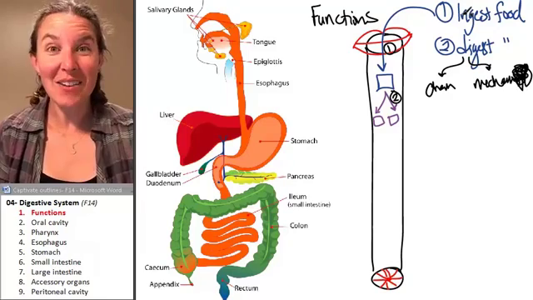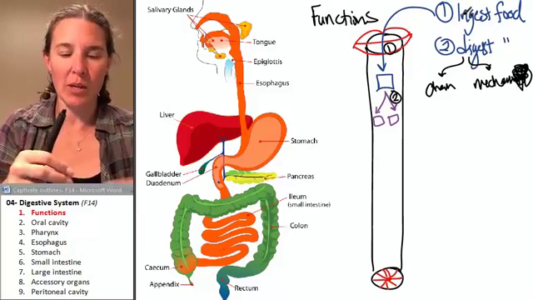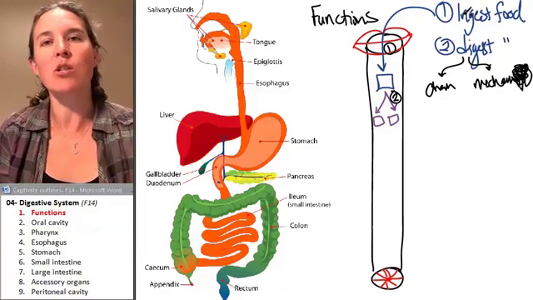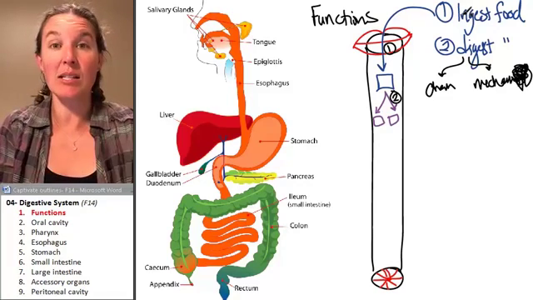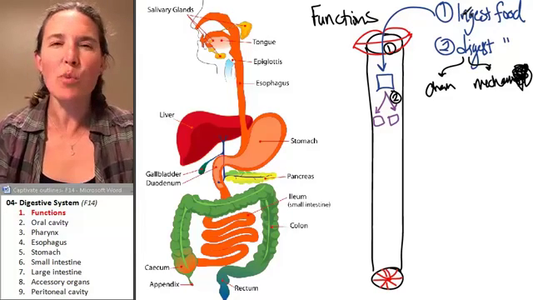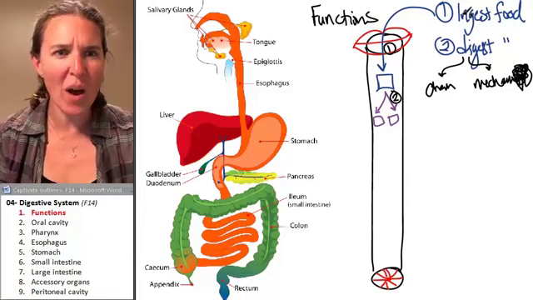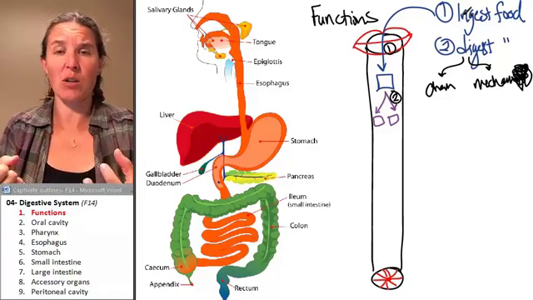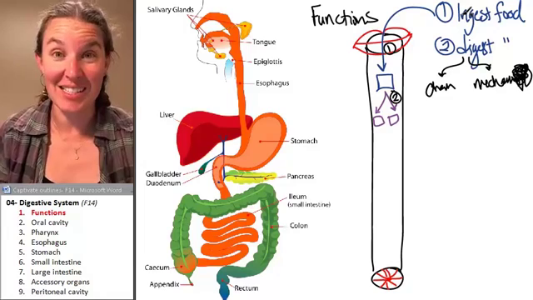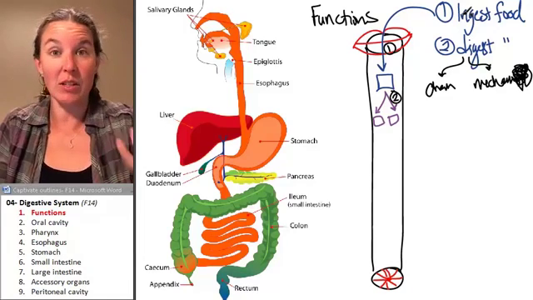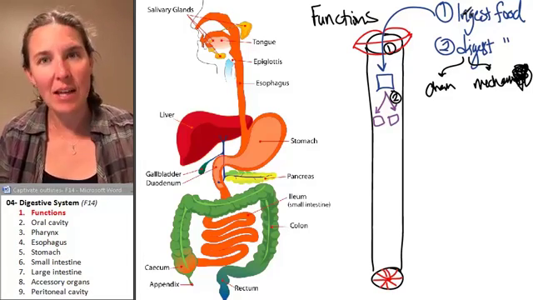When you break something down chemically, you actually add a chemical to it, and the chemical breaks the chemical bonds in the original substance, creating smaller particles. That's what digestion is. When you break something down mechanically, you actually apply a force to break the particles apart. The end result is exactly the same. You start out with a big particle, you end up with lots of little particles, which again is the definition of digestion.